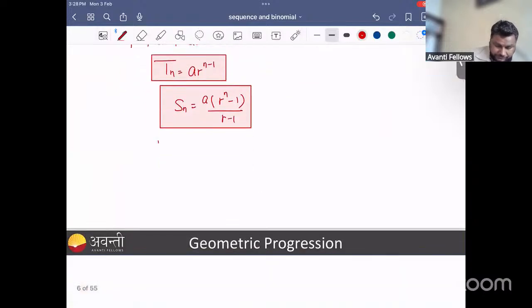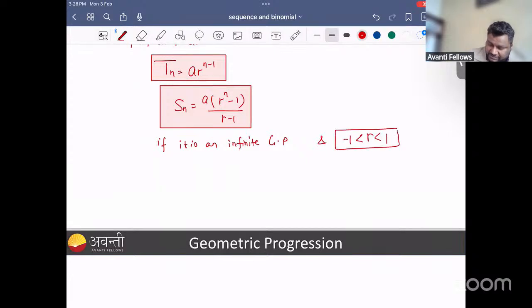If it is an infinite GP and the common ratio lies between minus 1 and 1, this is necessary to find the sum of infinite terms.